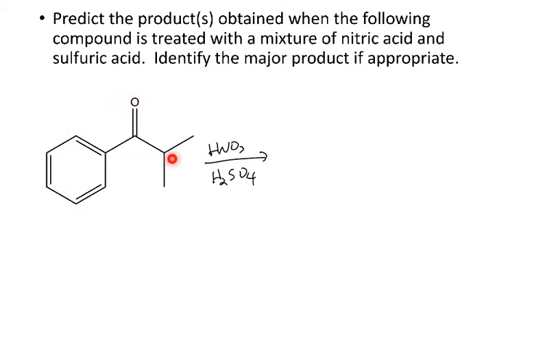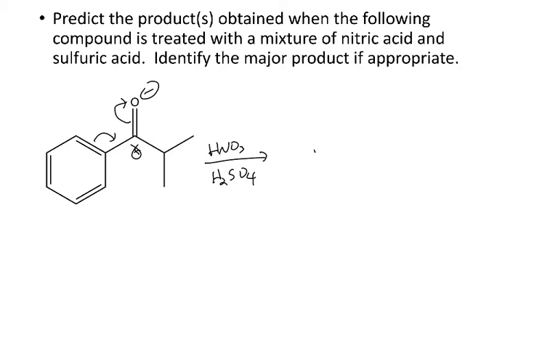So this group is a moderate deactivator, right? I can draw the resonance structure. We're going to end up with a negative charge on that oxygen, a positive charge on that carbon. I can then draw this resonance structure, so it's electron withdrawing. And the electron withdrawing groups are going to be meta-directors except the halogens. Of course, this is not a halogen.